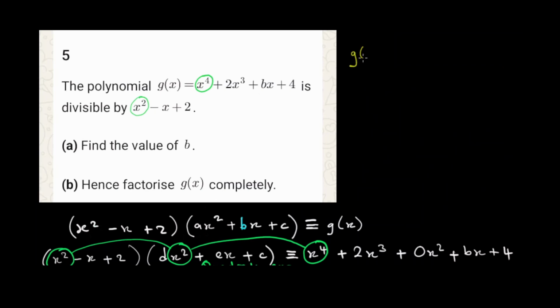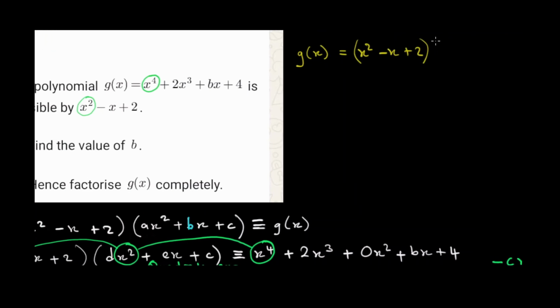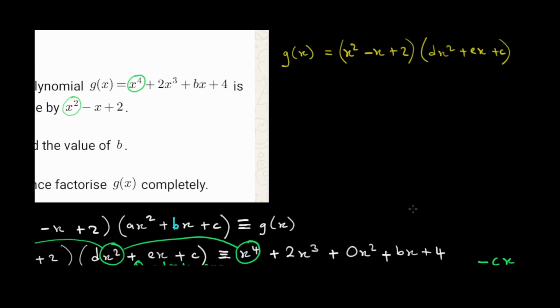G of x from panapa taona kuti iri equal to x squared minus x plus 2 iri kumultiplyana na tazoti dx squared plus ex plus c like this. Ndo zvatazoita.